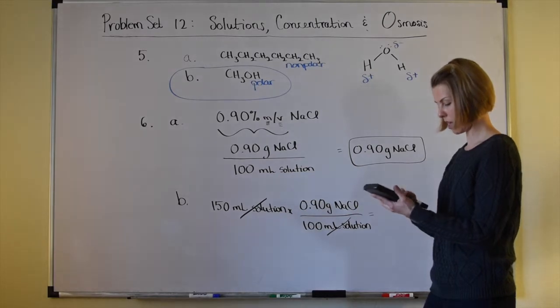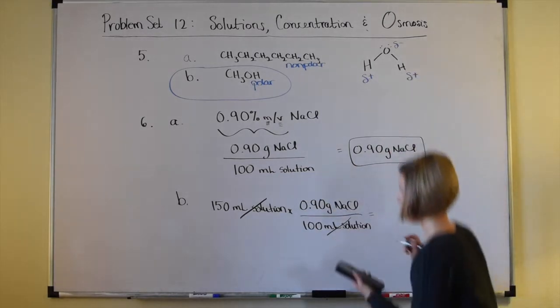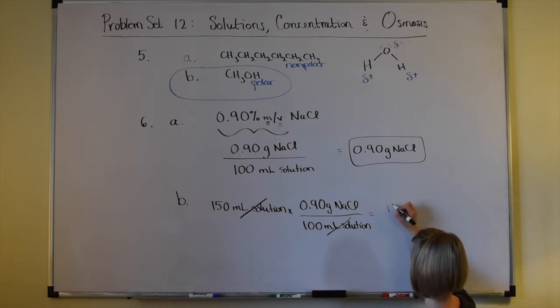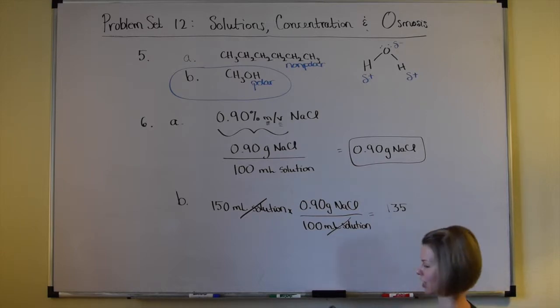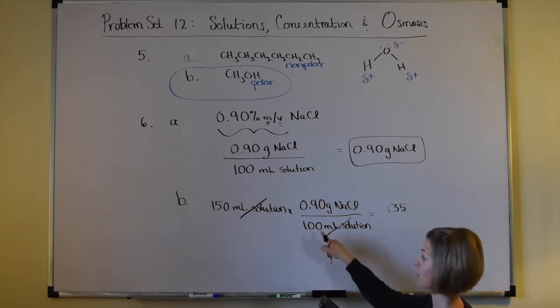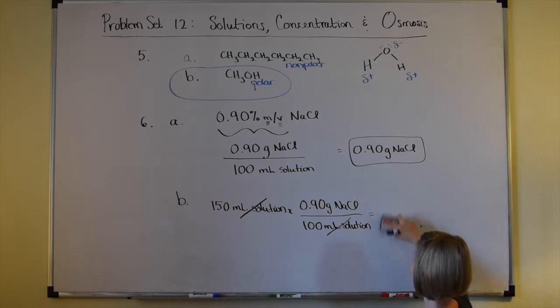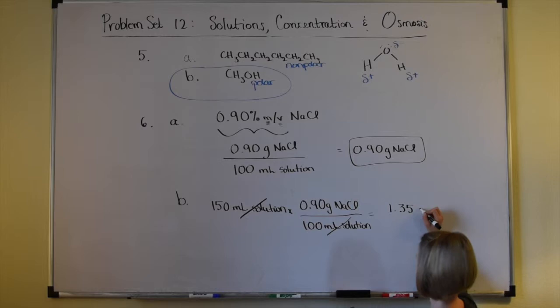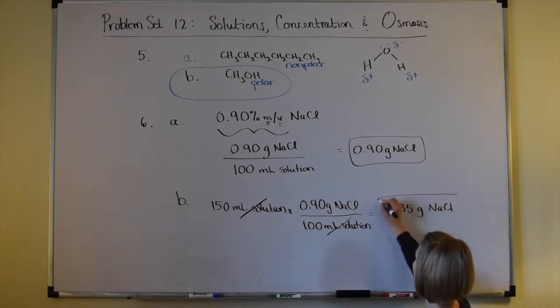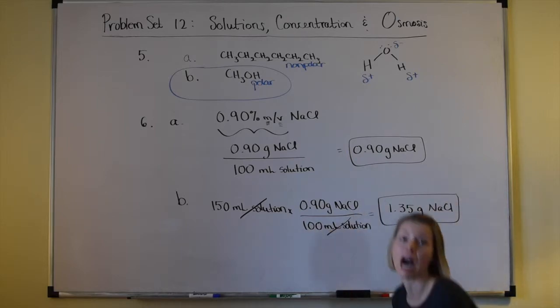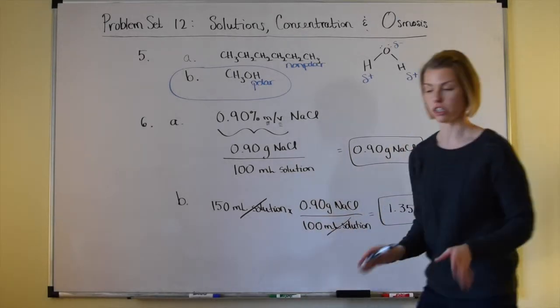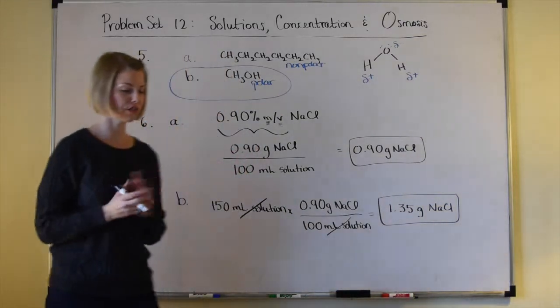So 150 times the 0.90. So you need 135. Oops, I forgot to divide by 100, sorry. Don't forget to divide by 100. I'm going to say that doesn't really make much sense. You need 1.35 grams of sodium chloride if you want to make 150 milliliters of that solution, not just 100 milliliters, 150.